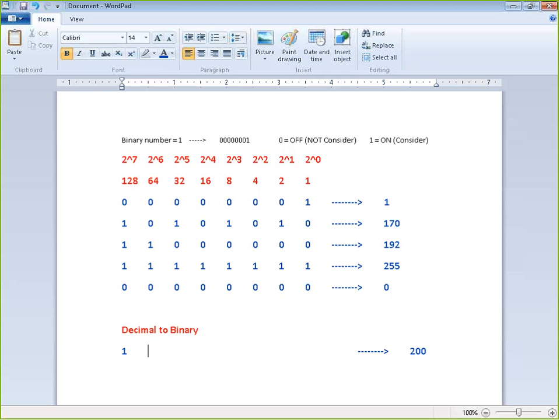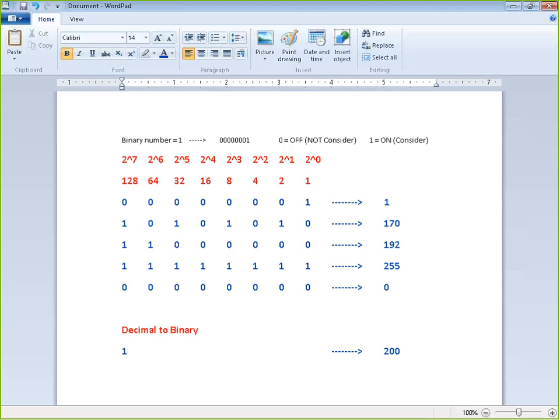Then the next value that we have is 64. Now if I add 128 plus 64, that becomes 192, and 192 is still less than 200, right?